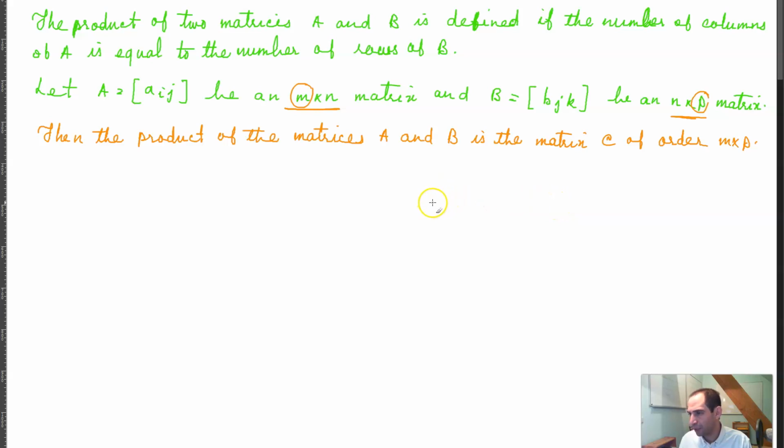To get the i, kth element, which is C of ik, the i, kth element in C would be basically the first row.